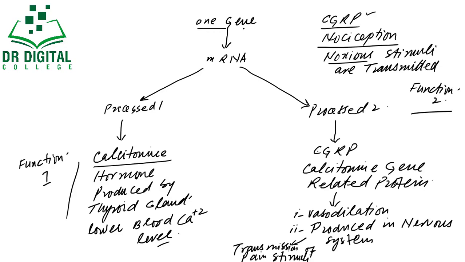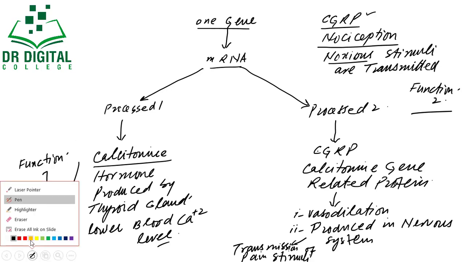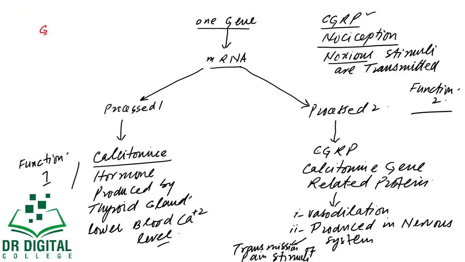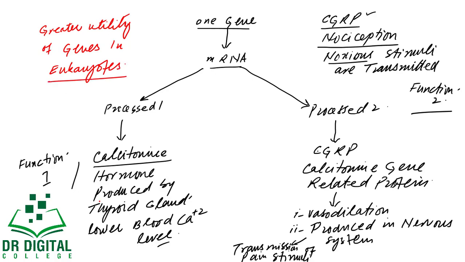So we have one gene, one crude RNA, but it is alternatively spliced and different products are formed which perform different functions. So in a way I can say here that there is greater utility of genes in eukaryotes as compared to prokaryotes.